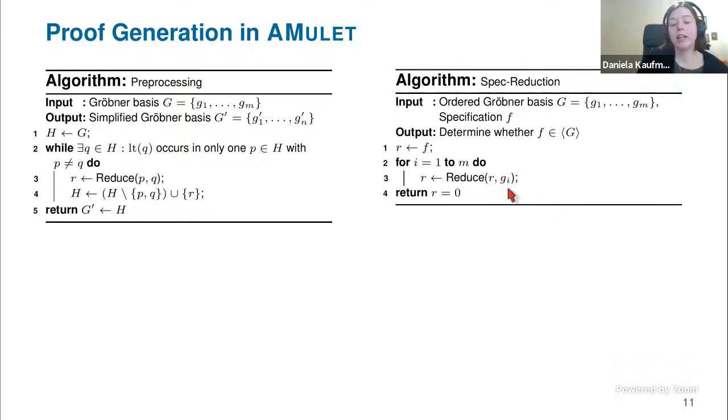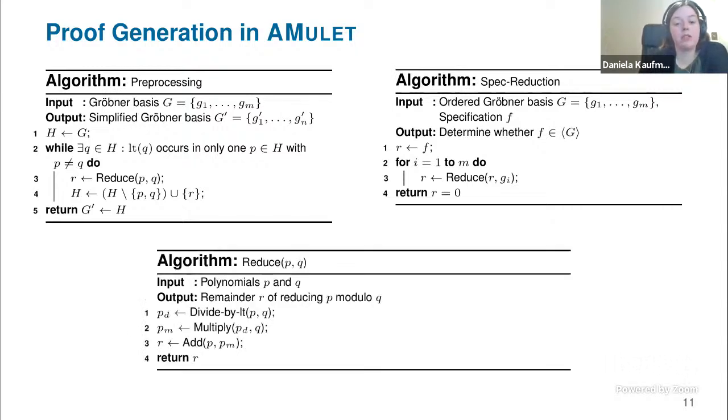So only the second element is contained in the Gröbner basis, and that's what we need to keep in mind when we write down the proof rules. But first to the actual reduction step, when we have P and Q and we want to get the remainder of reducing P by Q, we do the following steps. At first we calculate the quotient of dividing P by the leading term of Q.